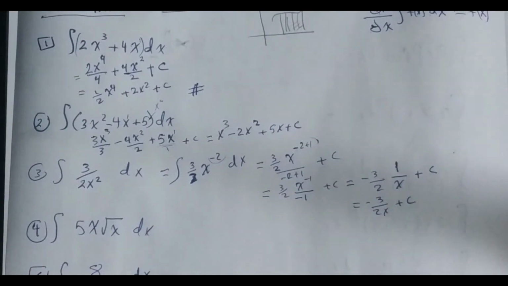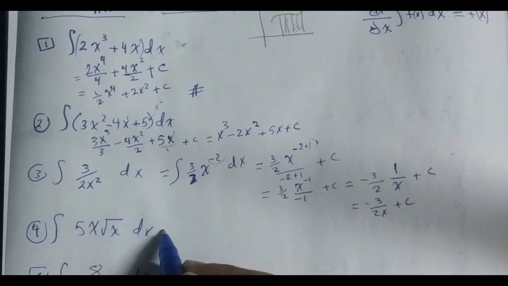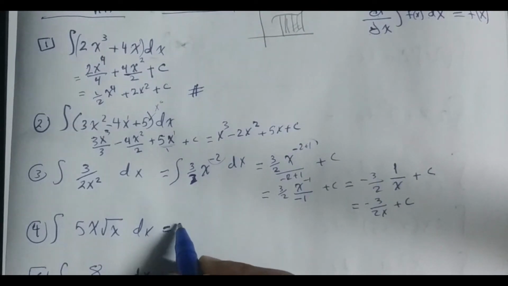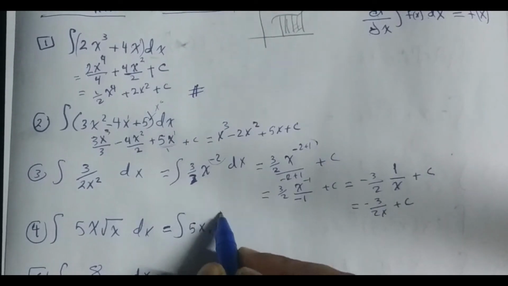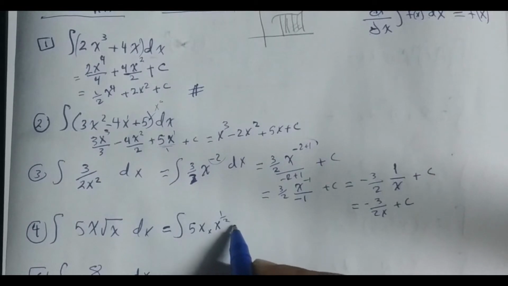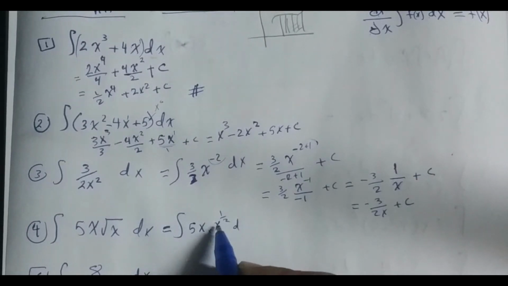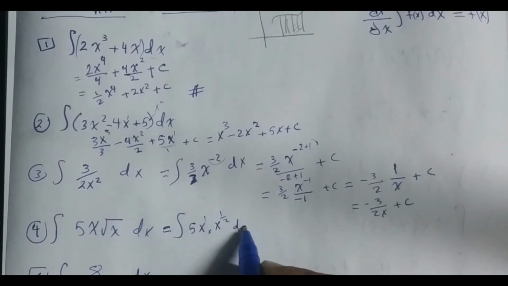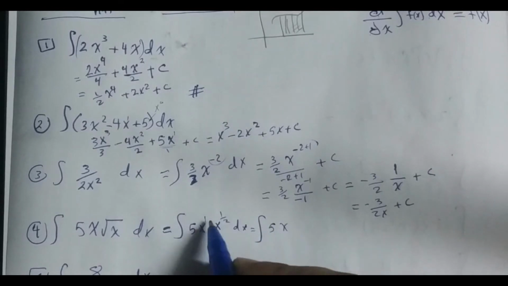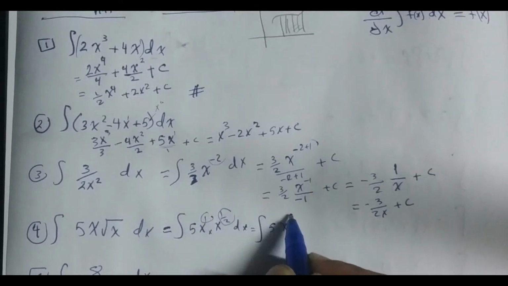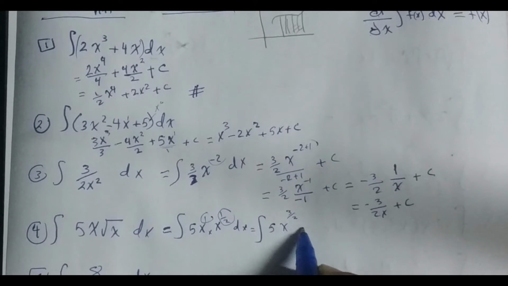Another example, 5x root x. Root x can be written as x to the power half. By adding the powers, because we are multiplying the same base, it will be 5x to the power 1 plus half, 1 and a half, it will be 3 over 2, dx.